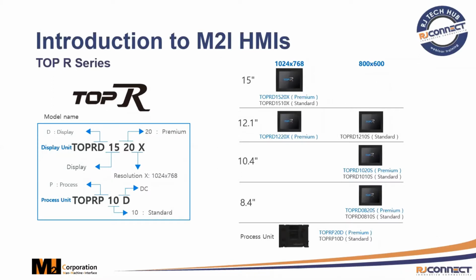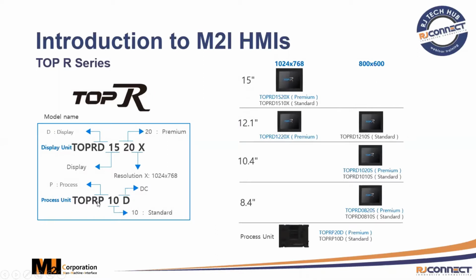And here's a description of the display unit's model name. So you would find a top RD 1520X, for example, with 20 being a premium model or 10 being a standard model. And then you've also got a model number for your process unit.